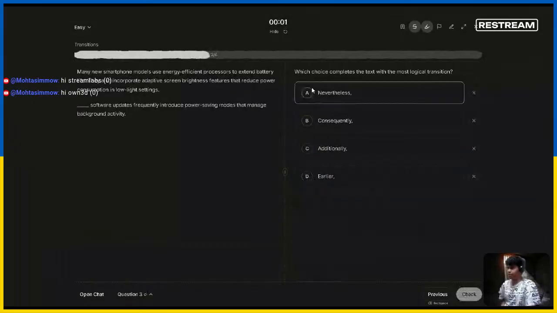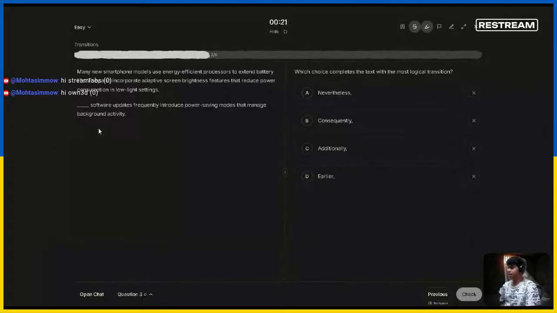Nice. Many new smartphone models use energy efficient processors to extend battery life. They also incorporate adaptive screen brightness features that reduce power consumption in low light settings.